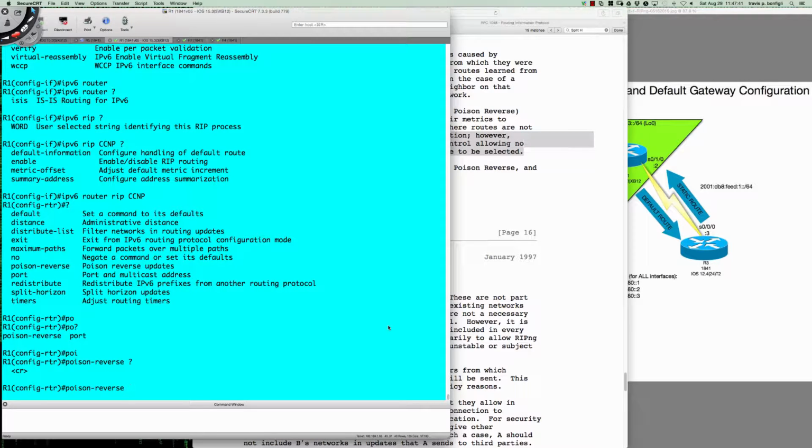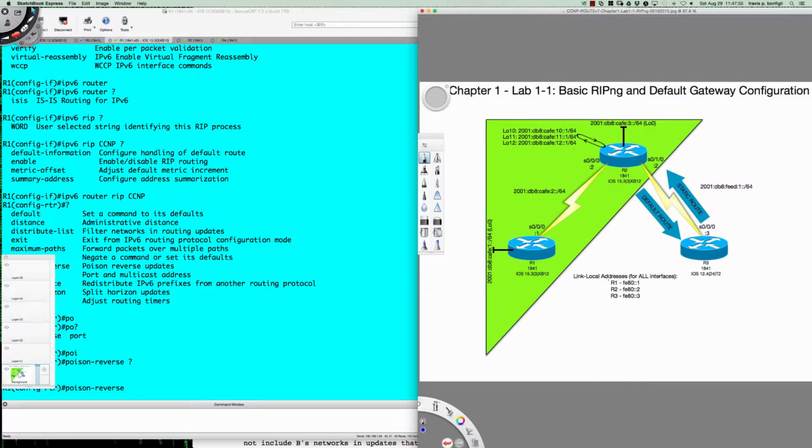So there's no way for me to specifically turn Poison Reverse on a selected interface. What I can't do is say, oh, Poison Reverse, and let's pull our diagram up here, I'm going to Poison Reverse here on serial 0/0/0, but I'm not going to do it here, right?